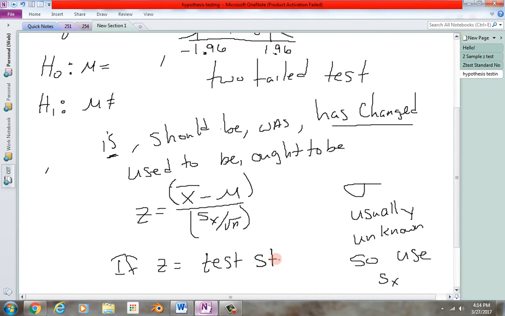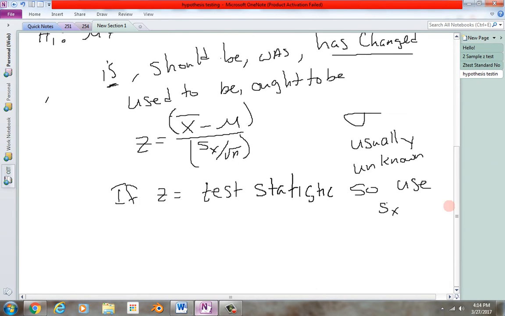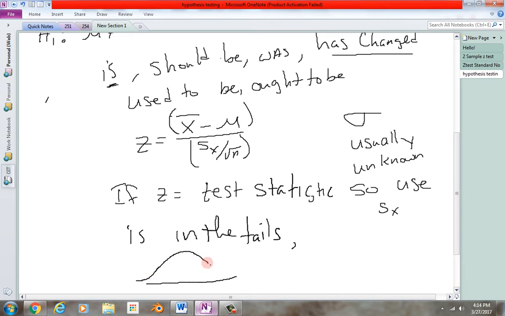If this test statistic is what we say in the tails, that is, in the case of 95%, from here to here, 95 in the middle, that is, if it's out here somewhere, holy cow, what's the chances that that happens?